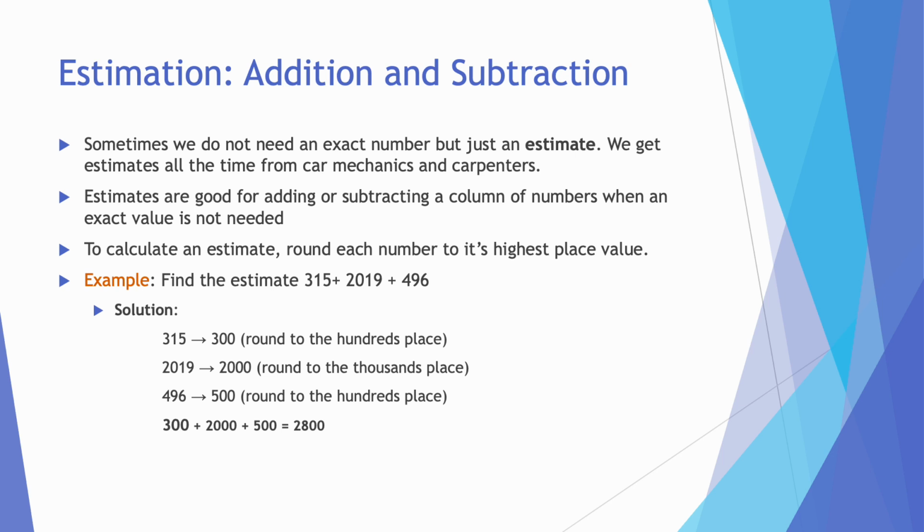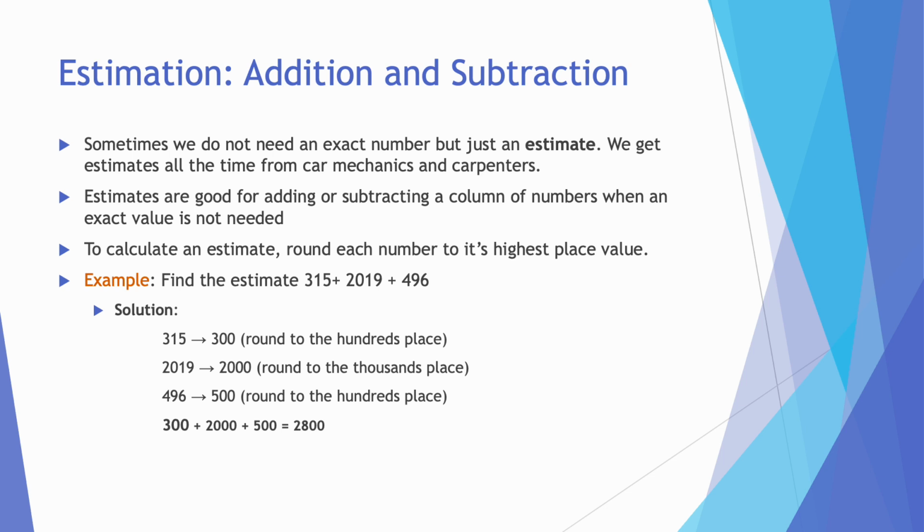To calculate an estimate, you round each number to its highest place value. So if I want to find the estimate of 315 plus 219 plus 496, I would round the numbers. 315 would round to the hundreds place, which would be 300. 219 would round to the hundreds place, which is 200.